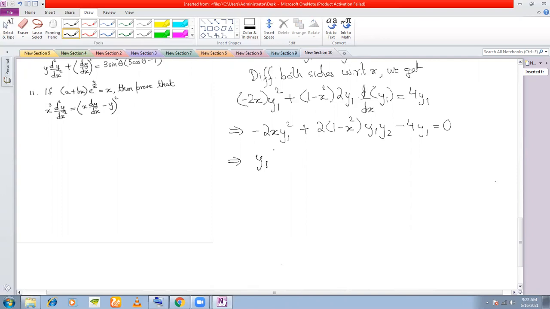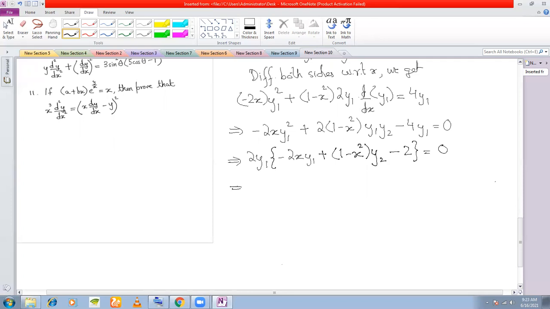Take y1 common. What will you get? You get minus 2x y1. In fact, you take 2y1 common. You can take out 2y1. So therefore, you get this as minus 2x y1 plus 1 minus x square y2 minus 2 is equal to 0, isn't it?